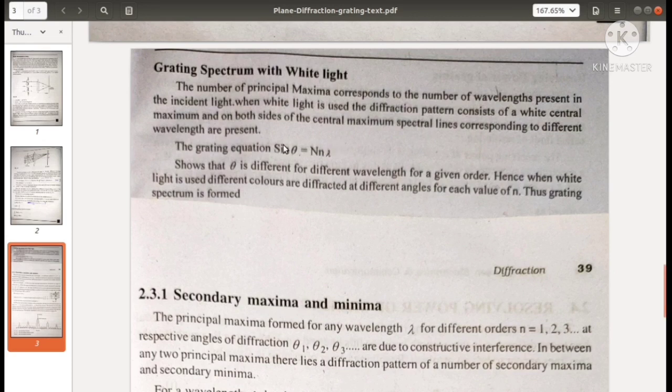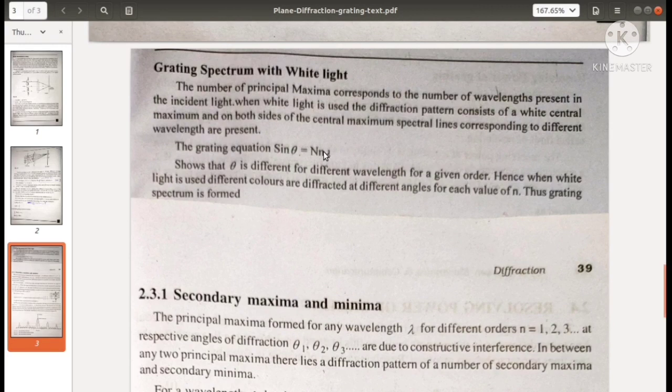Because from this grating equation we can see N sin theta is equal to n lambda, where theta is the angle of diffraction, which is different for different wavelengths for a given order. That is, suppose n is equal to 1, then theta will be one value for blue color, and another value for red, or green, violet, etc. So for different colors, the diffraction angle will be different for a particular value of n.